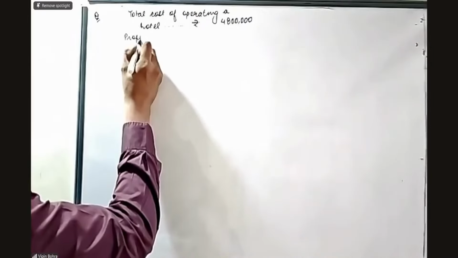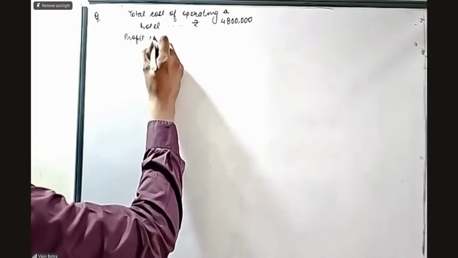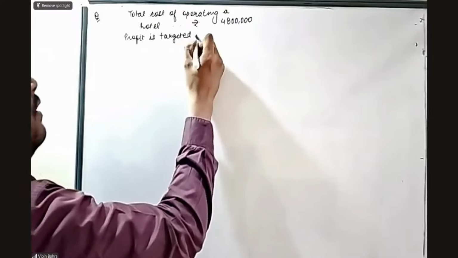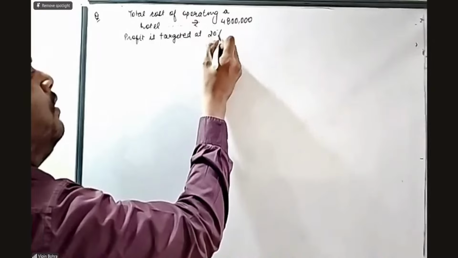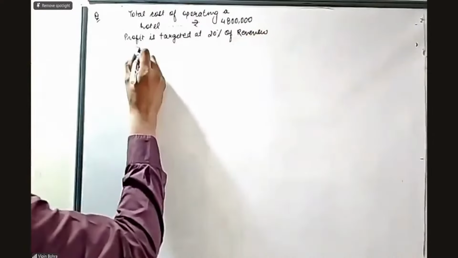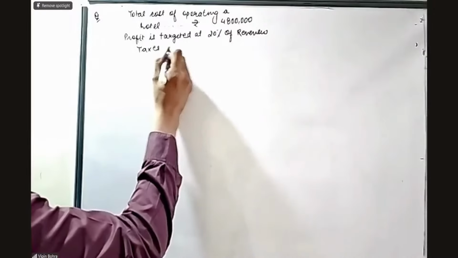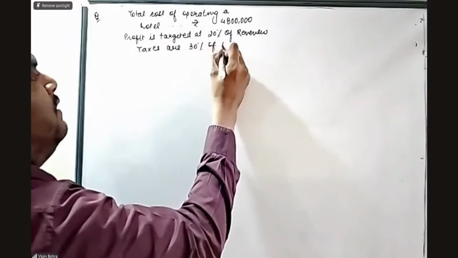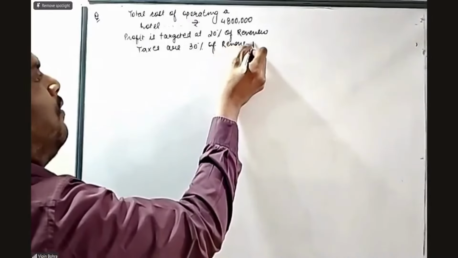Profit is targeted at 20% of revenue and taxes are 30% of revenue.